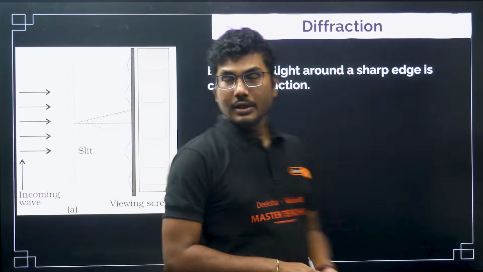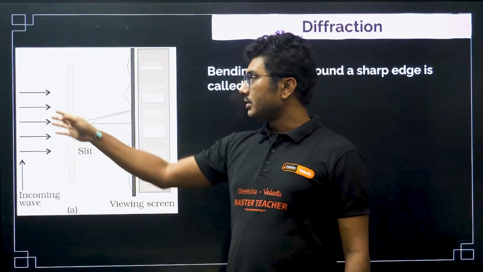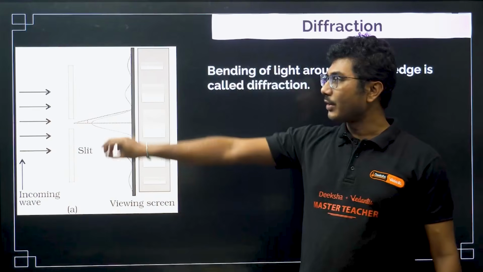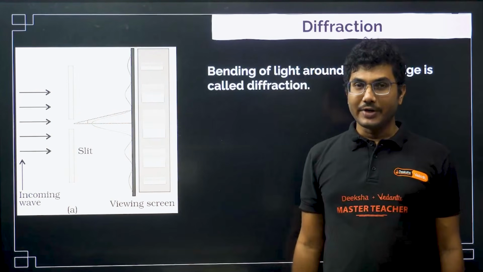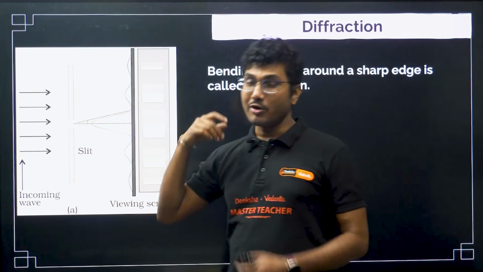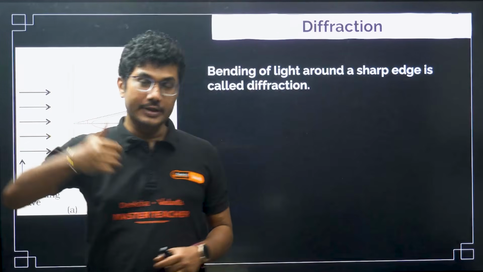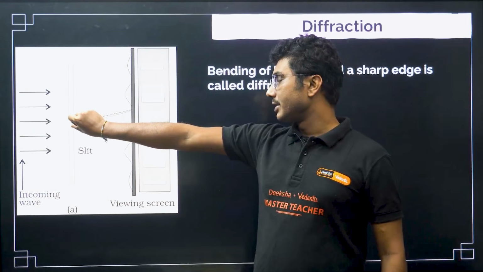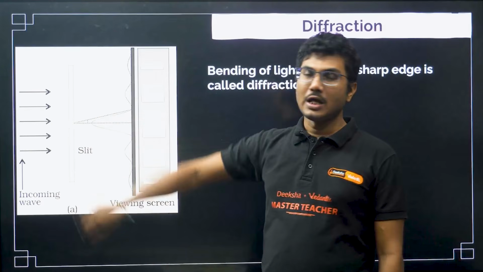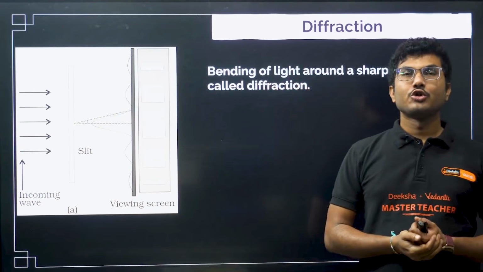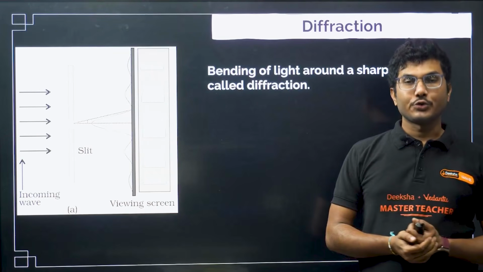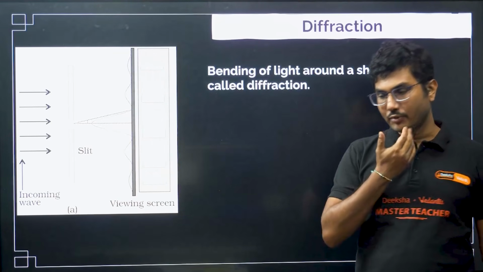So, here we have a source of light and a narrow opening, a very narrow opening. This is not only in this case, but also in interference of light, or Young's double slit experiment. This is called a slit, this is the opening. The size of the opening should be of the order of the wavelength. What is the meaning of that?